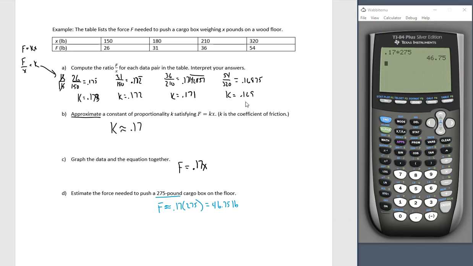We can estimate because with our real life data, we can find patterns and recognize that 0.17 is about the constant of variability, or constant of proportionality. Remember, those two are interchangeable. If I can approximate that, I can write an equation. If I can write an equation, I can make predictions within this range. Real world stuff, that's what you're in college for.